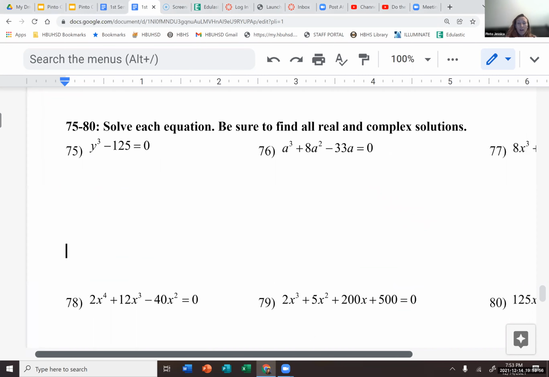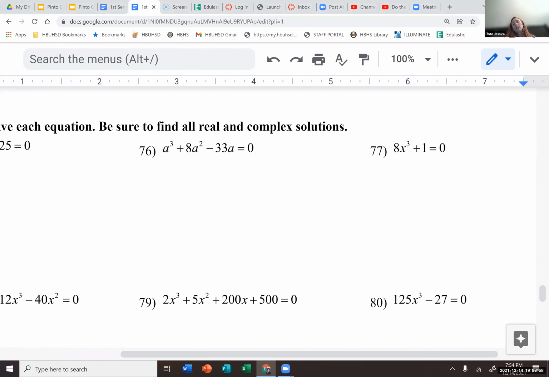Taking a look at number 77. Okay, this one is a sum of 2 cubes. I see that it's a binomial with exponent of 3, so I take the third root. The binomial is going to say 2x plus 1 because it's the same sign. And then I generate the trinomial with doing 2x times 2x, so 4x squared.